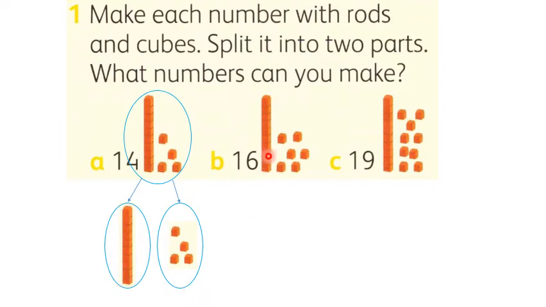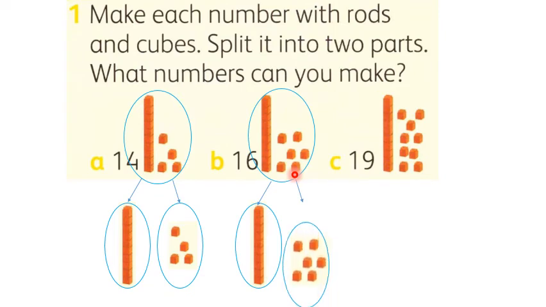B, you've got 16, so 10, 11, 12, 13, 14, 15, 16. And we can split this into tens with a 10 rod and 6 with our cubes. So 10 and 6. Finally, C, 19.